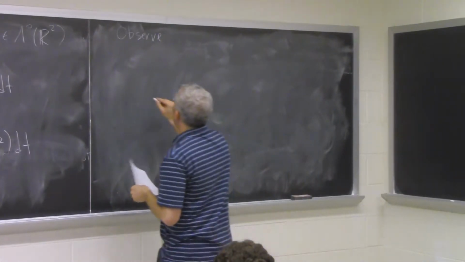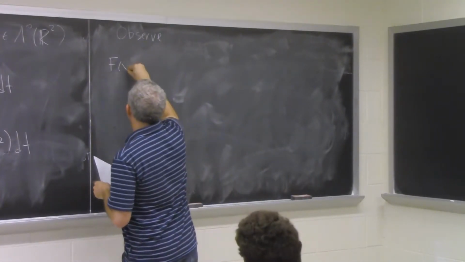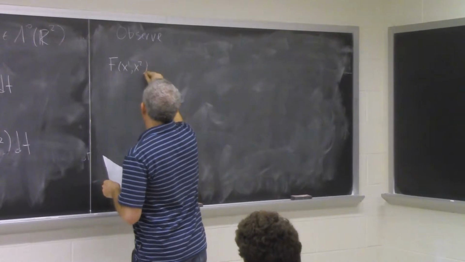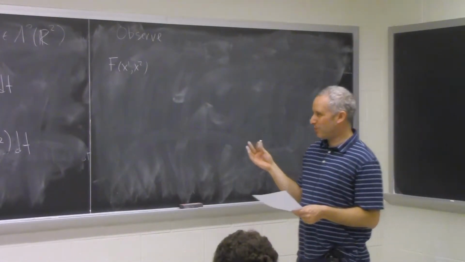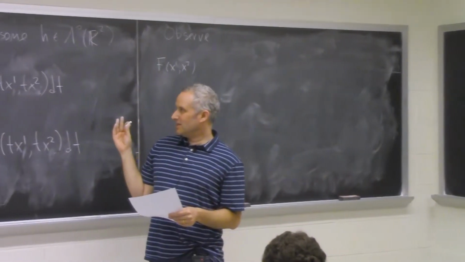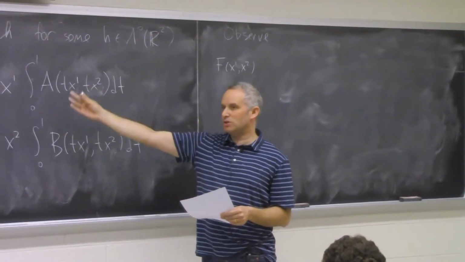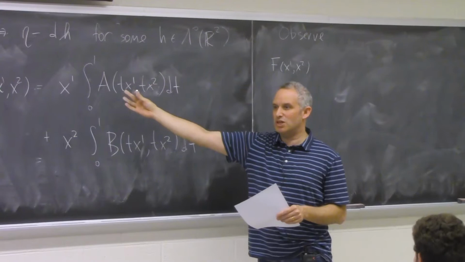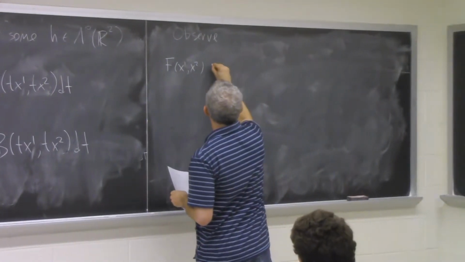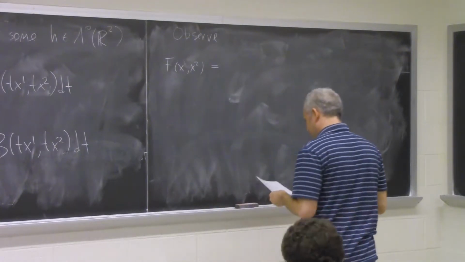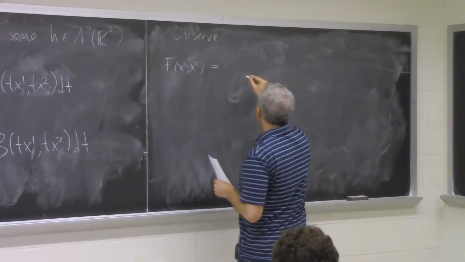Okay, so let's consider a function of 2 variables, big F. And I want to express it in a way similar to this, involving integrals over t. So the first simple thing we can do is the following.